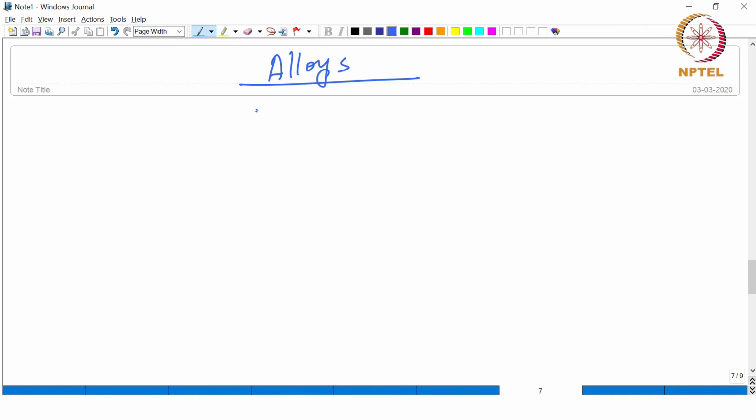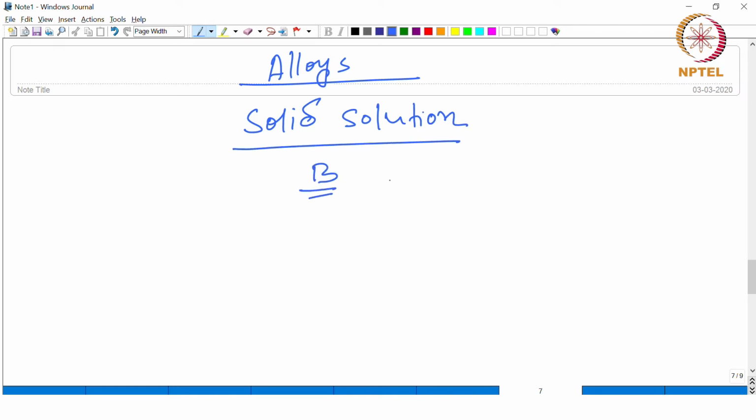So, this is what we call as a solid solution, where a small amount of metal B, let us say is dissolved in A. Okay.